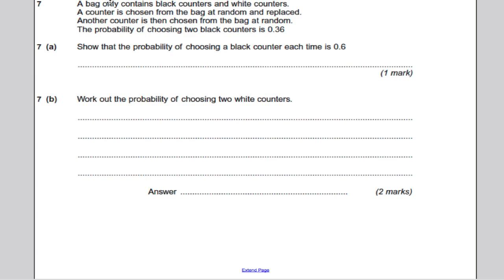Okay, it says a bag contains only black counters and white counters. A counter is chosen from the bag at random and replaced. If I know that it was replaced, that means we're dealing with regular independent probability. It says another counter is then chosen from the bag and it tells me the probability of choosing 2 black counters is 0.36.